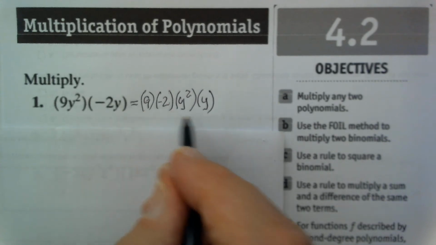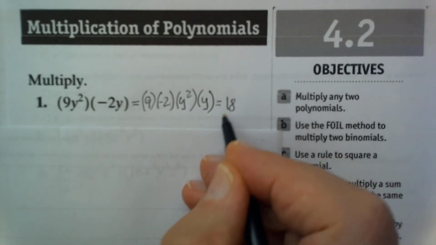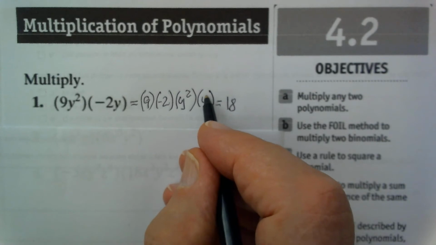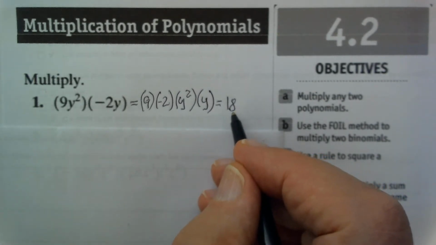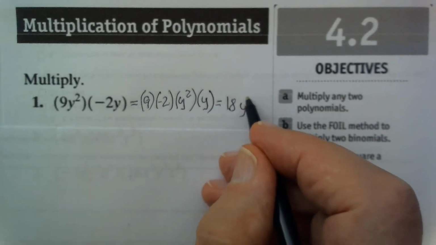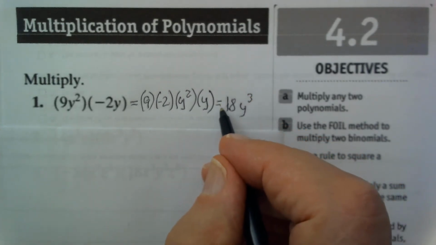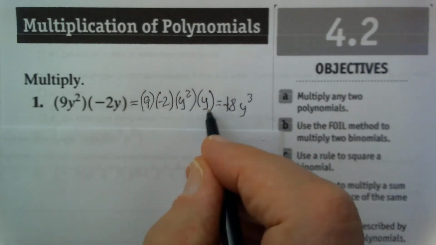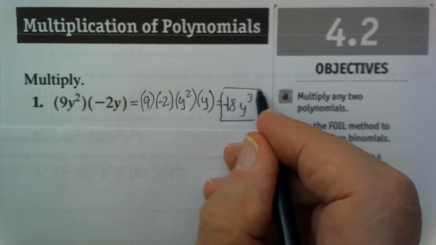So 9 times minus 2 is minus 18. And from the product rule, we know that y to the second times y to the first, in other words, with an implied 1, is y to the third power. So minus 18 y to the third.